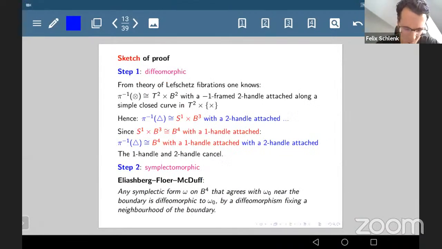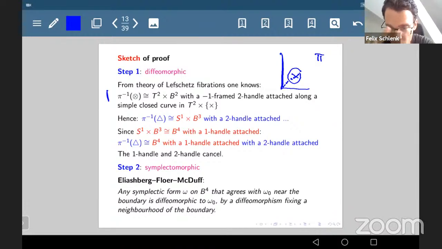So, okay. First, I must understand what this is, and then this croissant. First, I only take the preimage under this projection of a little disk containing the singular croissant. And there are two steps. First, I prove it's a smooth four-ball. And then I claim it's symplectomorphic to the usual one.